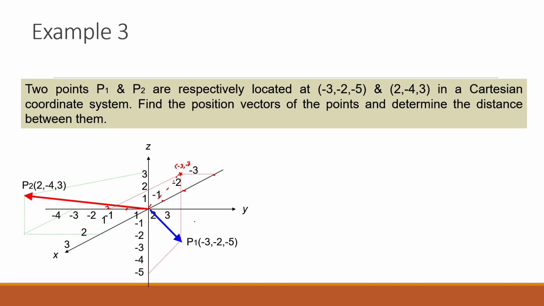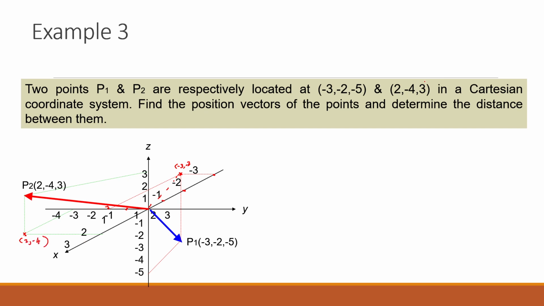This is P1. P2 is +2, here. Draw a horizontal line parallel with the y-axis. Then y is -4; draw a line parallel with your x-axis. So this point is 2, -4.